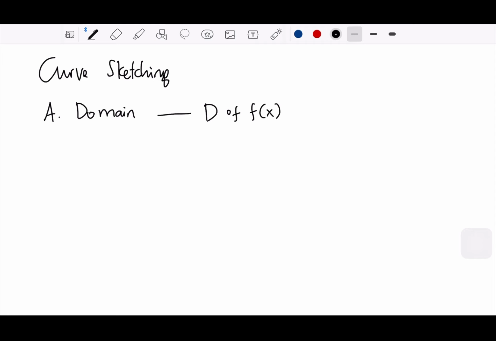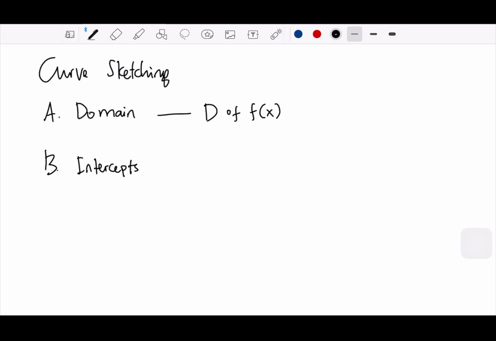And I believe you are familiar with domain. The domain means the set of values for which the function is defined. And B is the intercepts.